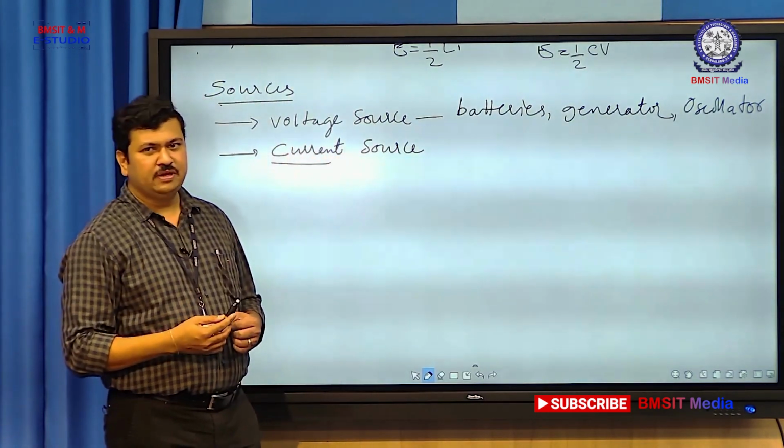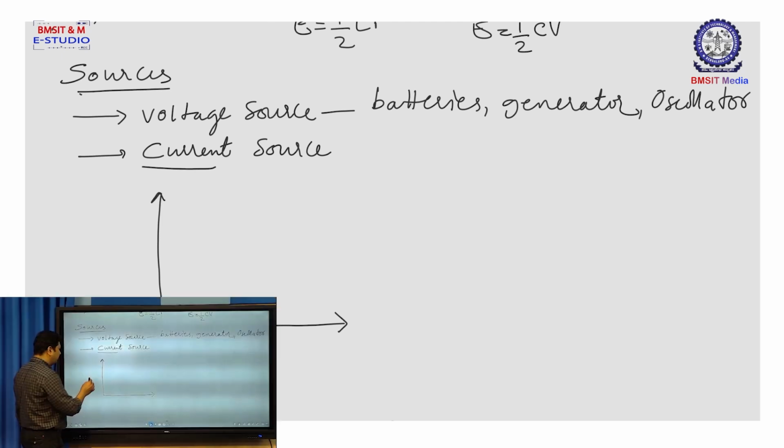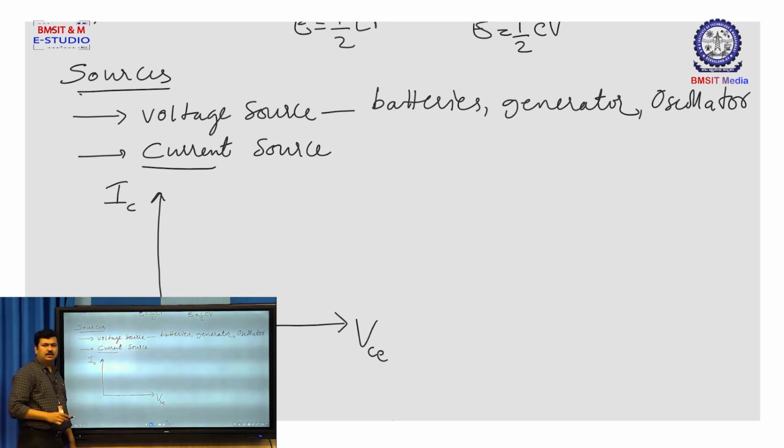We know that a transistor has its output characteristics. If I plot a common emitter configured transistor output characteristic, it will be the collector current against the collector emitter voltage, the IC versus VCE curve.